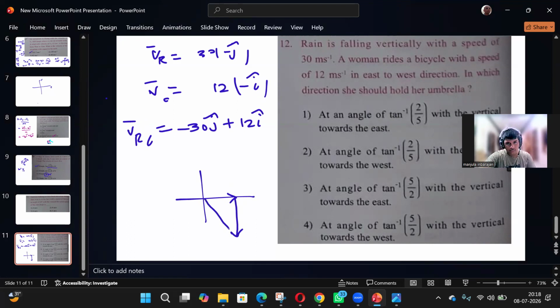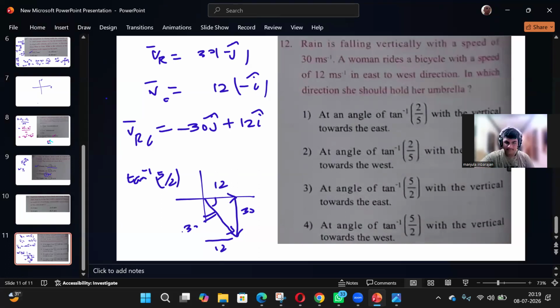So it is this direction, and this angle is, this is 30, 12. So tan inverse of 30 by 12, which is the same as 5 by 2. Tan inverse 5 by 2 south of... So with the vertical, the angle is 90 degrees, so that will be tan inverse 2 by 5, because this side is 12 and this vertical side is 30.